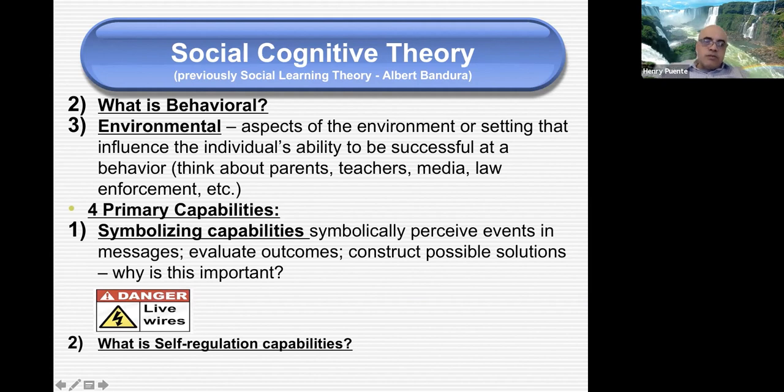Okay, number two, there's self-regulation capabilities, and these are again positive or negative feedback systems. So this is again your internal voice, right? Your internal voice saying, that was good or that was bad.